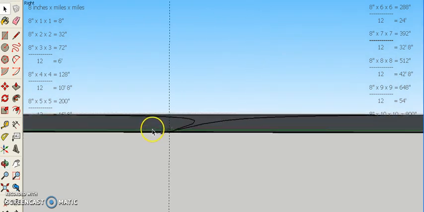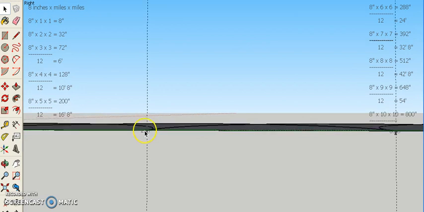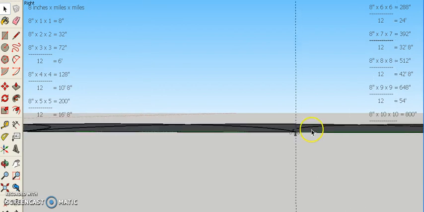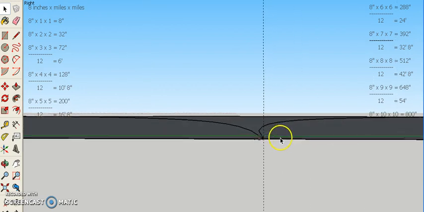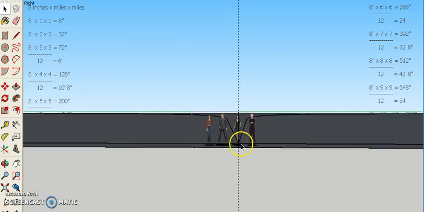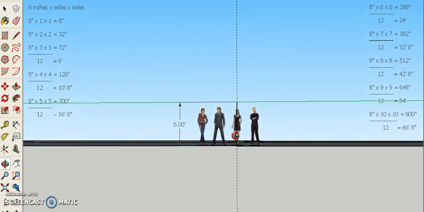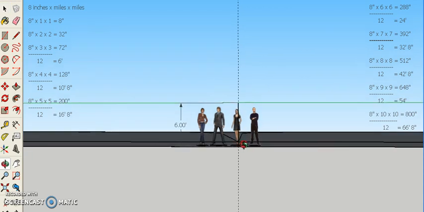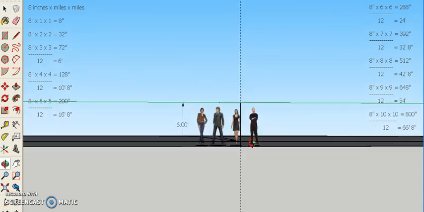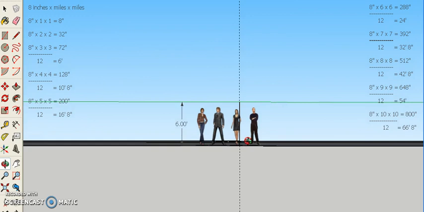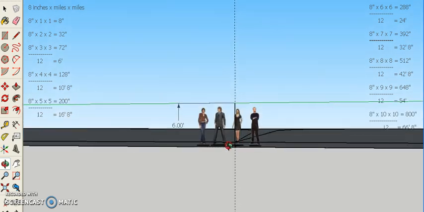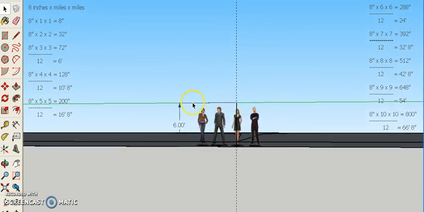Continuing to 3 miles. At 3 miles, we encounter a drop of 6 feet from the 0 point. You will notice that these people are about 5 foot 8 inches tall. So they are below the 6 foot line.